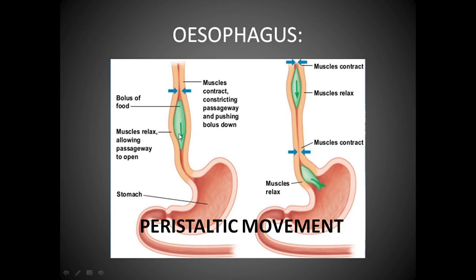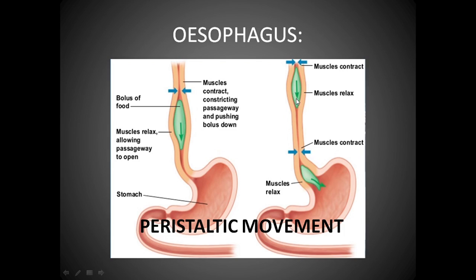Again this rhythmic contraction and relaxation is followed, and then the food reaches down. In this second diagram, I guess it's more clear. Here it's labeled muscle contracts, then muscle relaxes. So here it's the food. Now again muscle contracts and the food will move down.